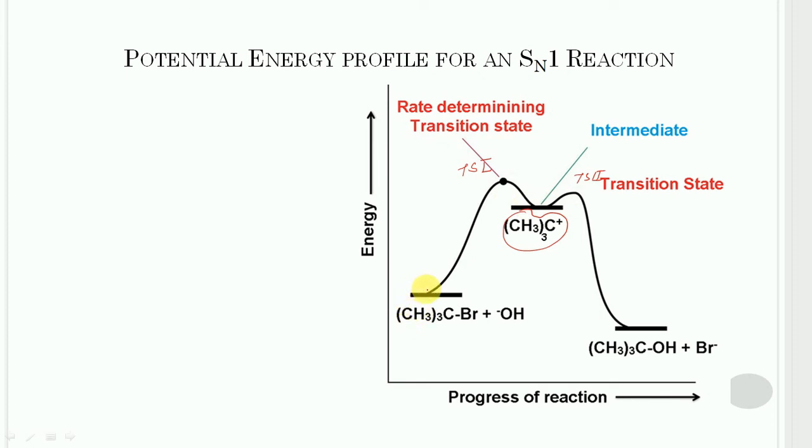In this case, the first step involves ionization of alkyl halide to form the carbocation, and it is a highly endothermic step and hence the transition state corresponding to this step has very high activation energy.